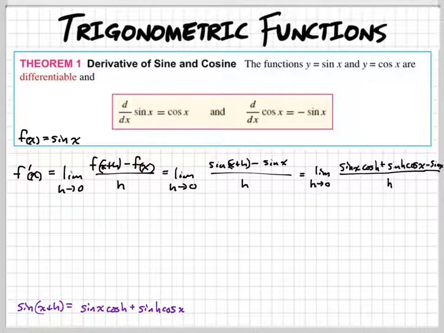Okay, so we're trying to manipulate it. We're trying to make it so that we can see what the limit is, and right now I cannot see what the limit is. But when I look at the top, I could rearrange some of those terms. We have 3 of them, one right here, one right here, one right here. I can rearrange those terms so I can factor something out, and then I might see something after that.